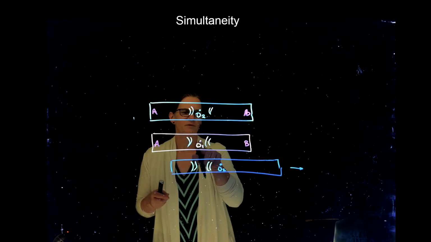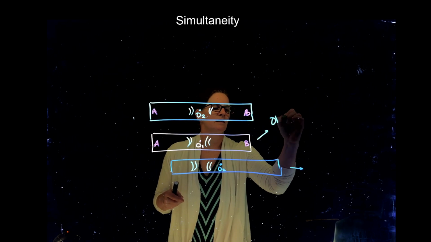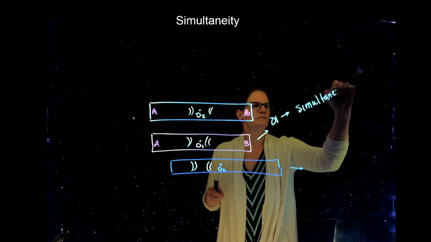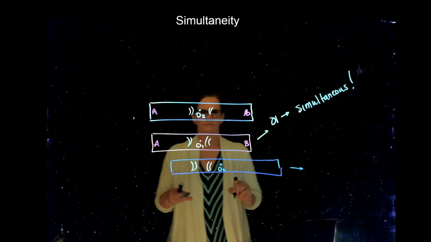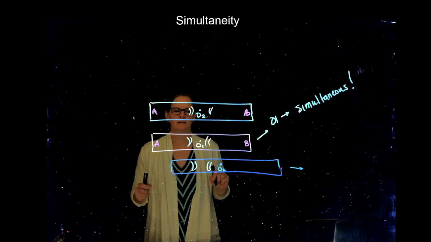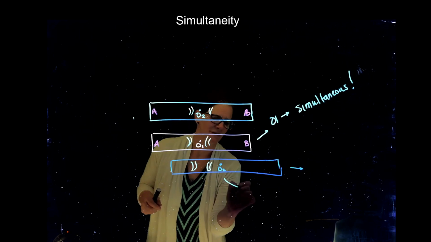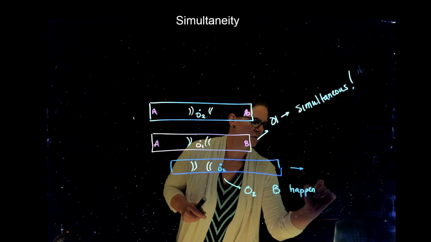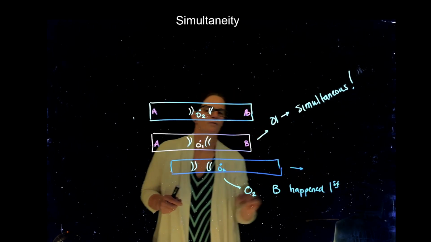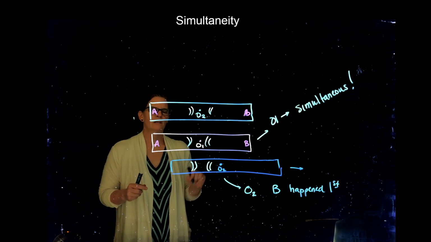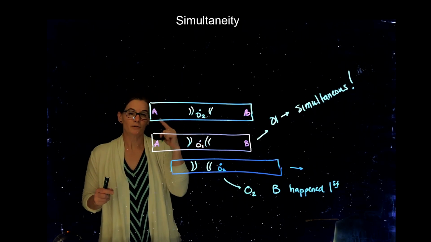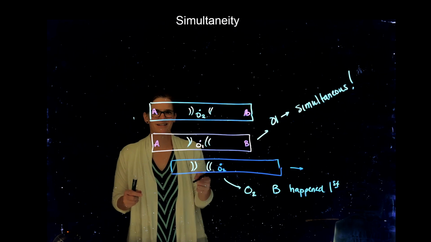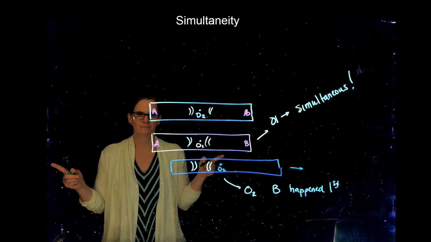So observer 1 is going to say A and B were simultaneous. Observer 2 is going to say B happened first. So observer 2 sees B happen before A. Observer 1 says, no, they happened at the same time.